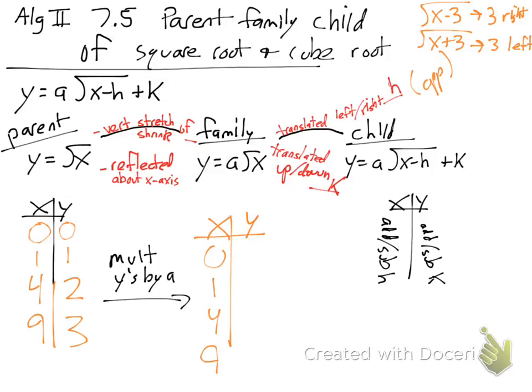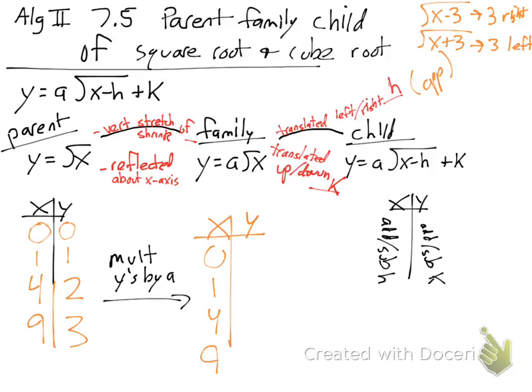What values? The ones that came from this t-chart. I'm moving the middle one, the family, to get to the child. I'm just going to add h or subtract h. If I'm going to the right, I add. That's going in the positive direction. If I'm going left, I'm going to subtract. That's negative direction. If I go up, I add. If I go down, subtract. Okay? This t-chart here, that results here, you graph those, you're done.